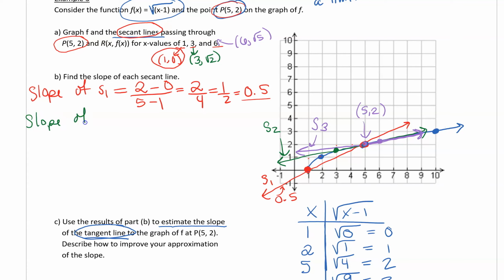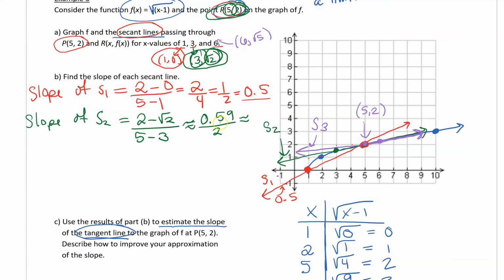But I would expect that the slope of the second secant line would be even less steep. So that's the one where I have 3 comma rad 2, and then I'm passing through 5 comma 2. So I'm going to subtract those y values, 2 minus the square root of 2 over 5 minus 3. So that comes out to about 0.59 over 2, which is about 0.29. So you can see it is getting less steep, which I would expect.